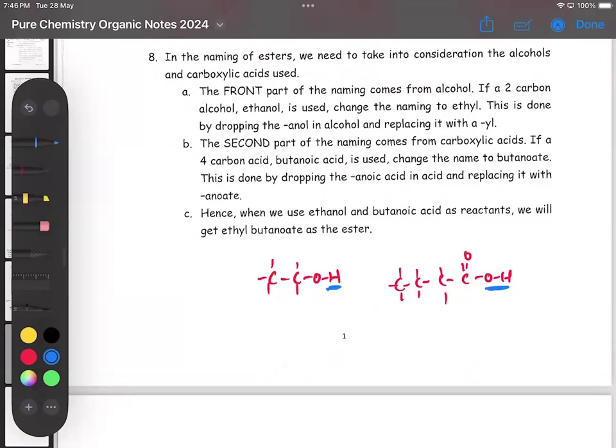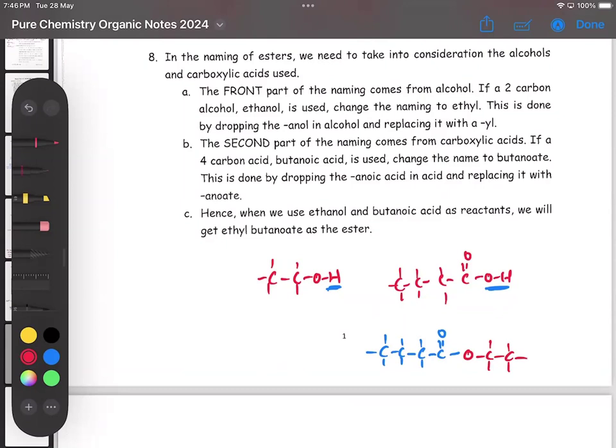So from here, what is the final product you get? So from the acid side, I'll put in blue. And the alcohol side will put in red. So you can see whichever part that was lost, they will just attach it like this.